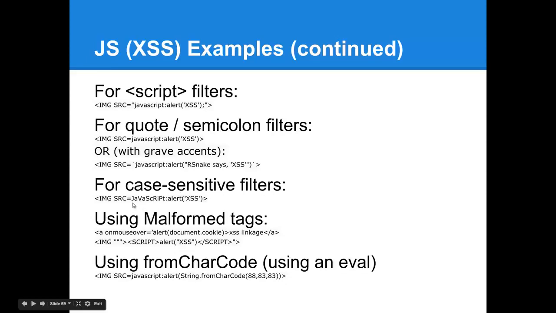For case-sensitive filters that are looking for, say, all lowercase JavaScript, etc. And for malformed tags, you can attack a tag and image tag and such, and you can always render XSS or any script or any character with the function fromCharCode, which is a way to write essentially raw bytes into JavaScript, which is typically done at post-processing, after the filters, which is fun.